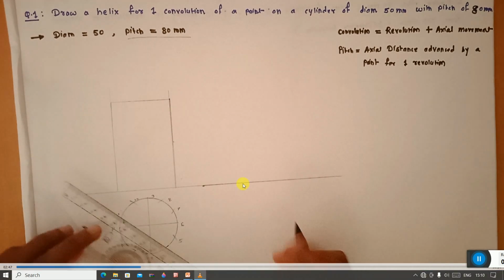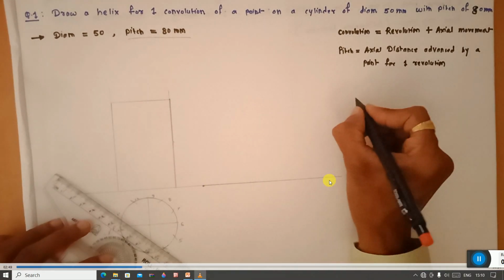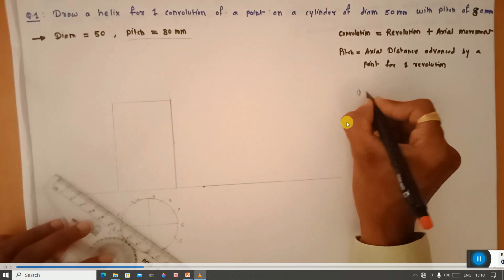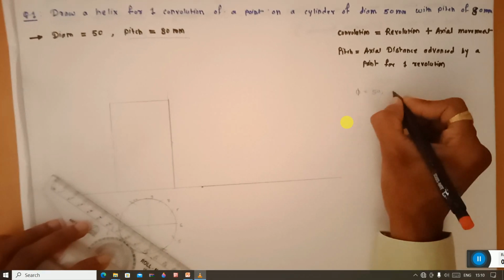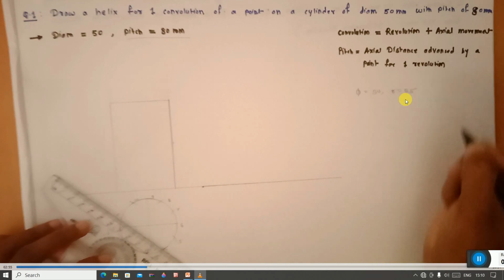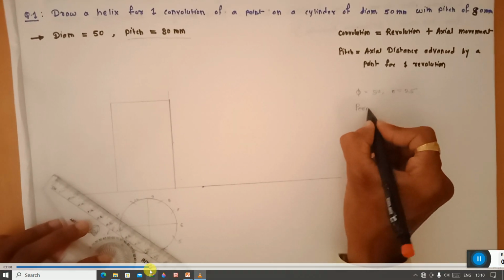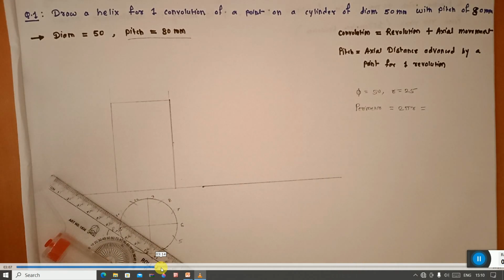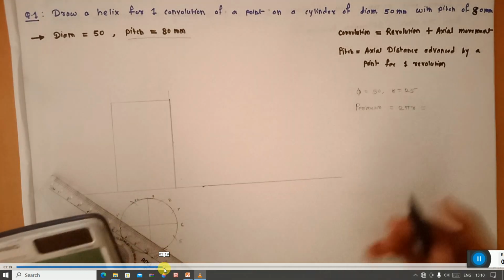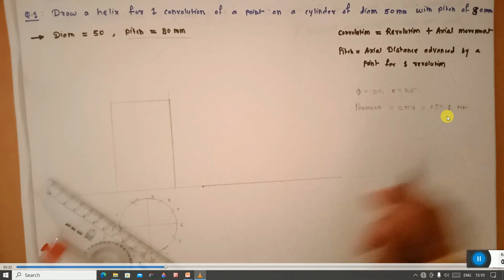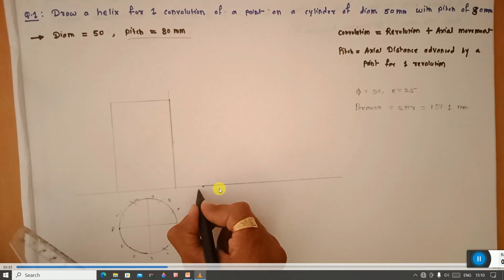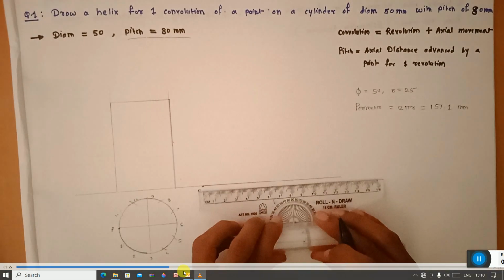Okay. Now from this point, take the length on this line which is equal to the perimeter. As the diameter is 50, the perimeter is 2 pi r or pi d. So this is approximately 157 millimeter. So take the distance 157 millimeter.